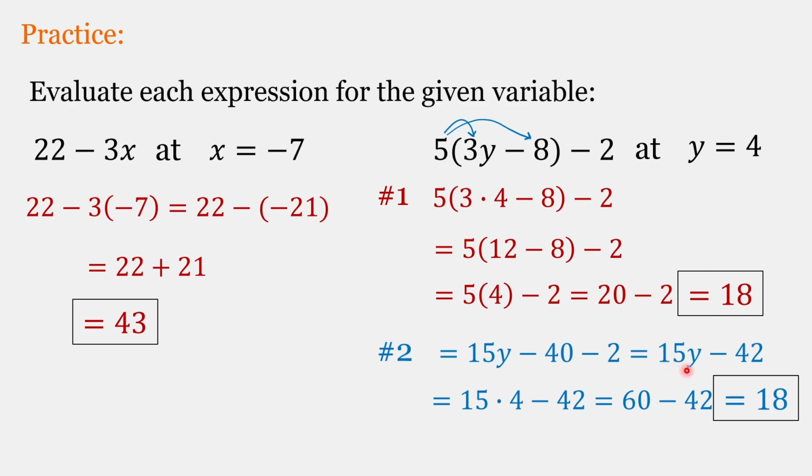From here, we simplify the expression by combining like terms, and that gives us 15y minus 42. Now we can't simplify this down any further without knowing the value of y. So it's at this point where we will plug in the 4 for y. So now we have 15 times 4 minus 42. That gives us 60 minus 42, which is equal to 18. And we get the same result.